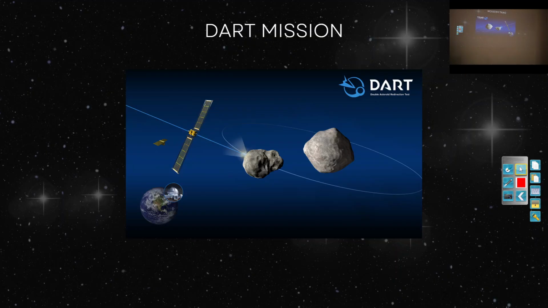Okay. So, DART, the full form is Double Asteroid Redirection Test. It is by NASA.